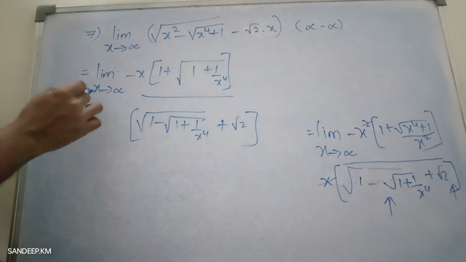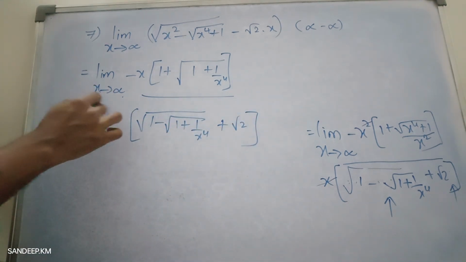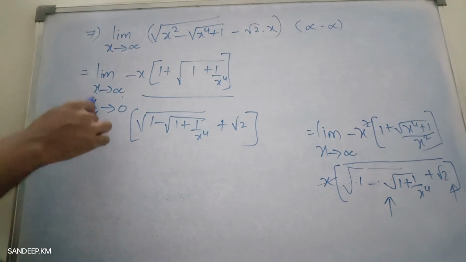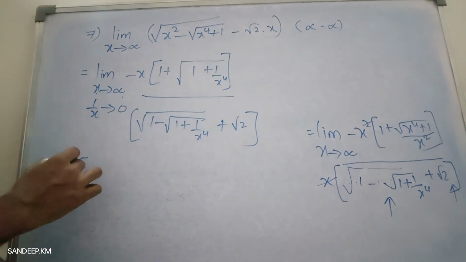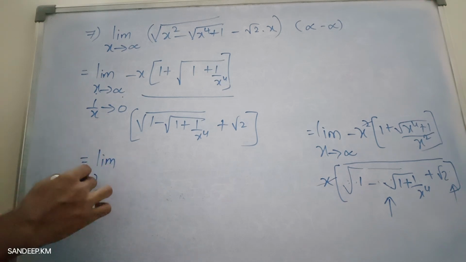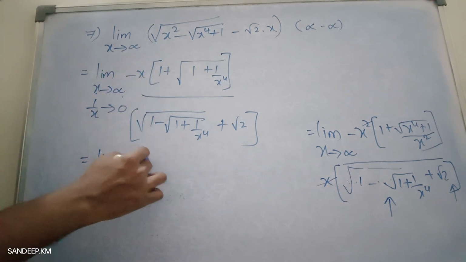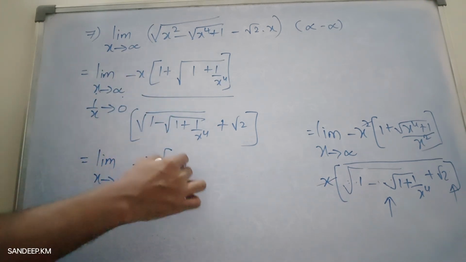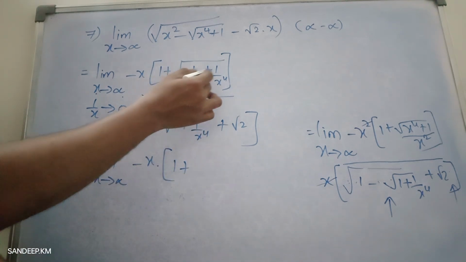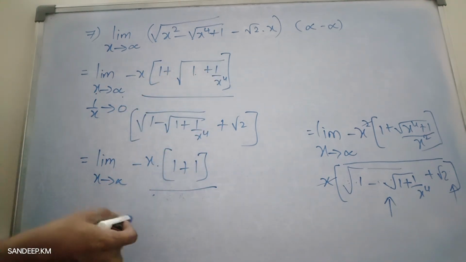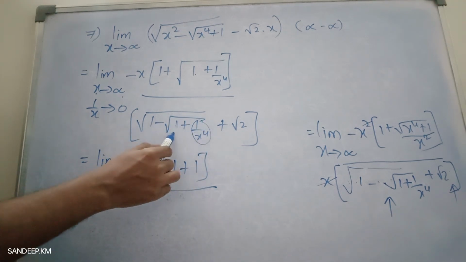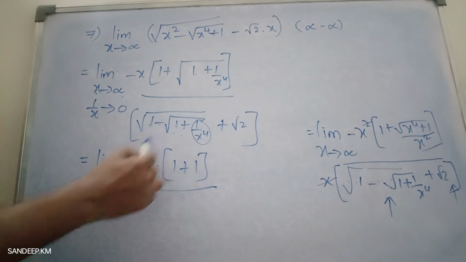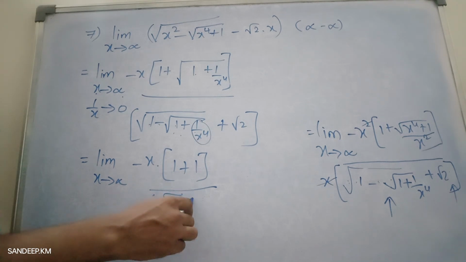Now you can substitute. When x is approaching infinity, 1 by x approaches 0 and 1 by x whole power all will approach 0 now. So therefore, dear students, limit x approaches infinity minus x into 1 plus root of 1 plus 0 is 1 only, divided by, observe here, this is 0, 1 plus 0 is 1, 1 minus 1 is 0, you will get root 0 here plus root 2.